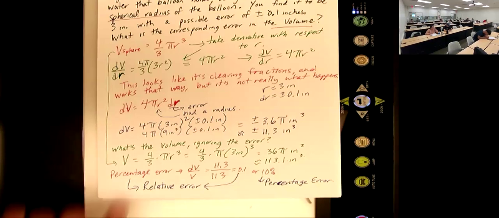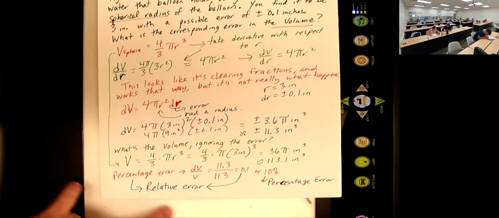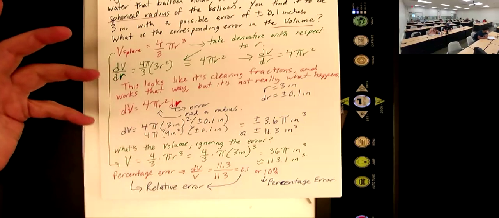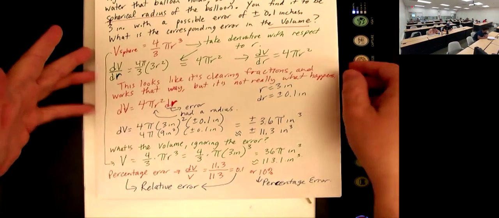Now, since there was some error in our balloon, we don't know that this was the exact volume, the 113. We said there was some error in measurement. This is what happens when we're working with relative error a lot.